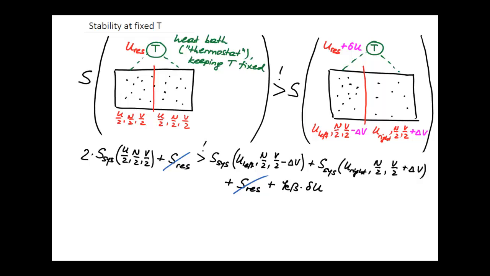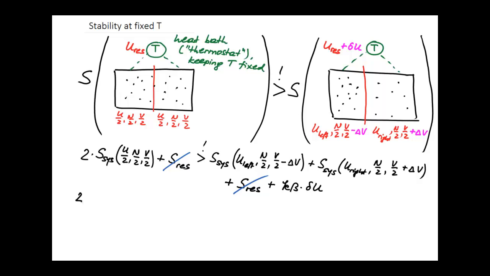Now we can evaluate the entropy of the system using its relationship with the log of the partition function. Here I would like to consider the canonical case, because then I can write the entropy of the system. I still have a factor of 2 here.